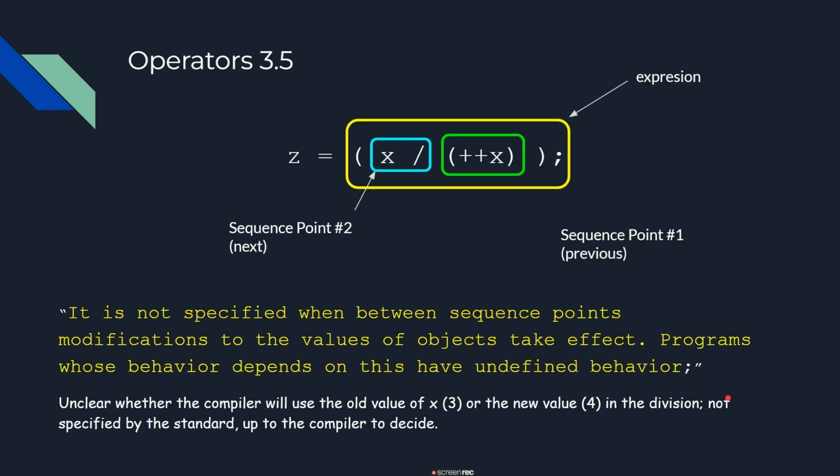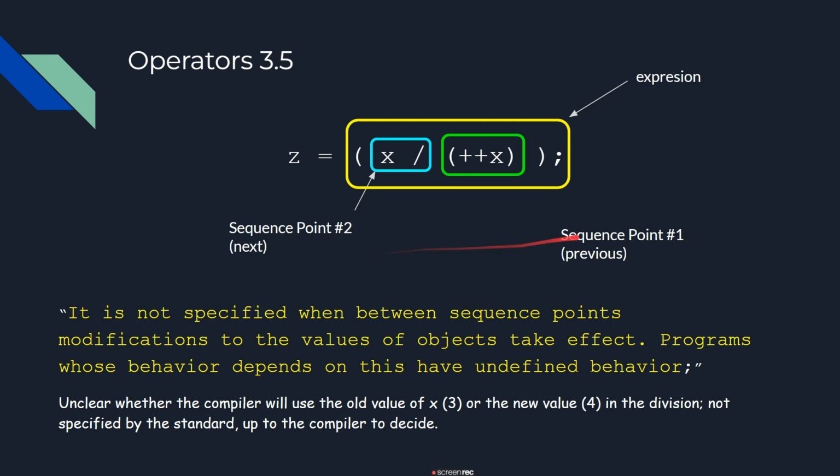So how does this apply to operators 3.5? Well, again, here we have the expression that we are trying to evaluate. We have what would be two sequence points: sequence point number 1 and sequence point number 2. Now, these two sequence points are my interpretation of how the compiler will do the ordering.